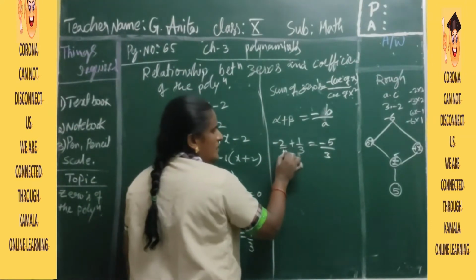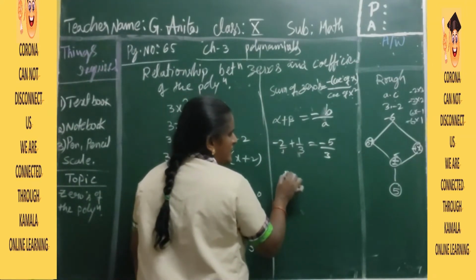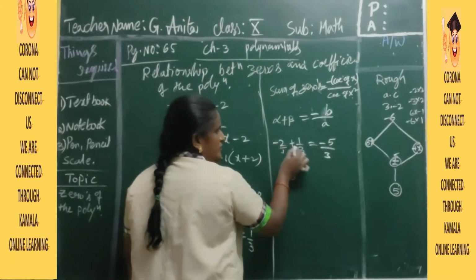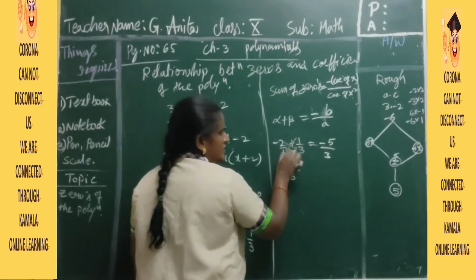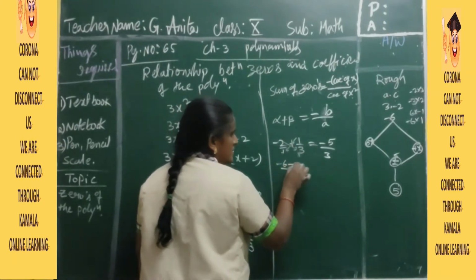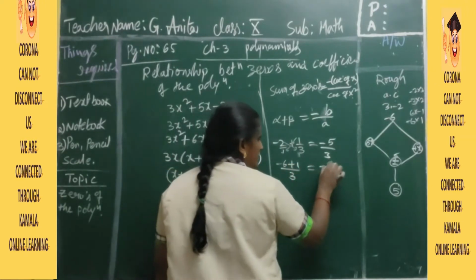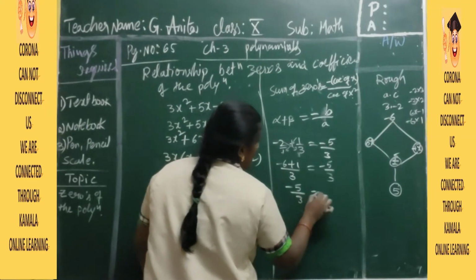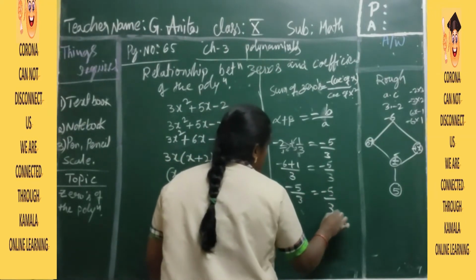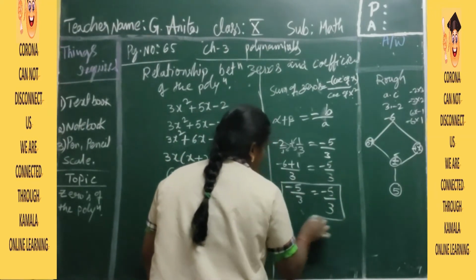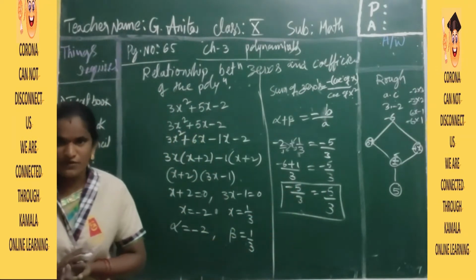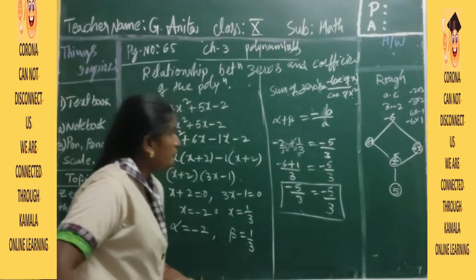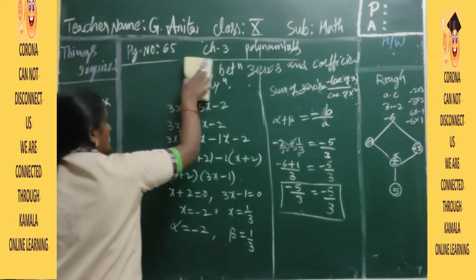Take the LCM of these two values: 3 as the LCM. 3 into minus 2 is minus 6, do the cross multiplication, minus 6 plus 1 is equal to minus 5 by 3. Then minus 5 by 3 is equal to minus 5 by 3. We got the same answer or not? Yes, they both are equal.